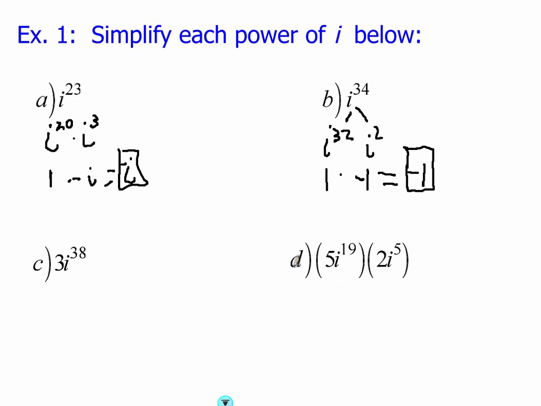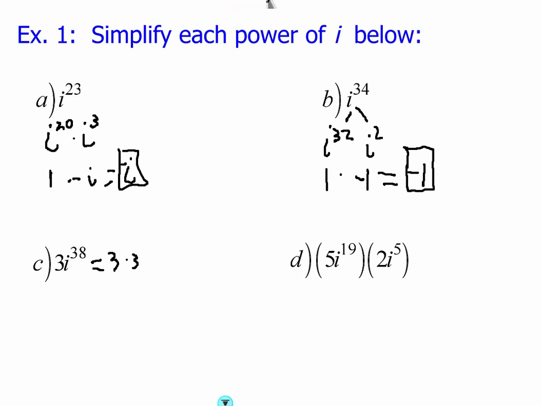If I look at these two down here, they're a little different because I've added in some stuff. In part C, I've got a coefficient, and in part D, I'm doing some multiplying. But if we look at part C, 3 times i to the 38th power, that's going to be equal to 3 times i to the 36, because the biggest multiple of 4 that's less than 38 is 36.